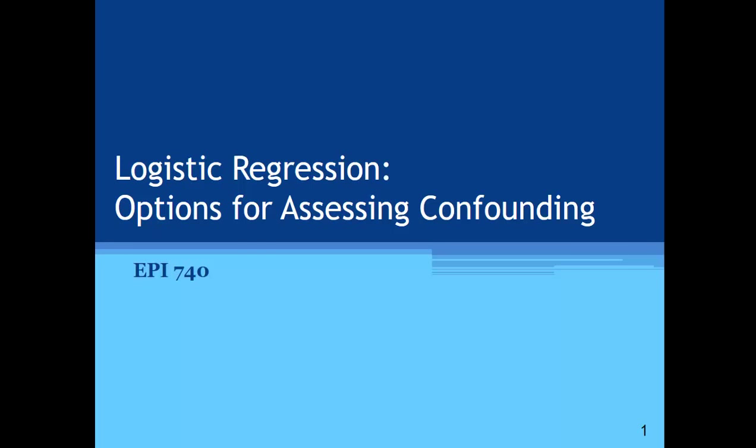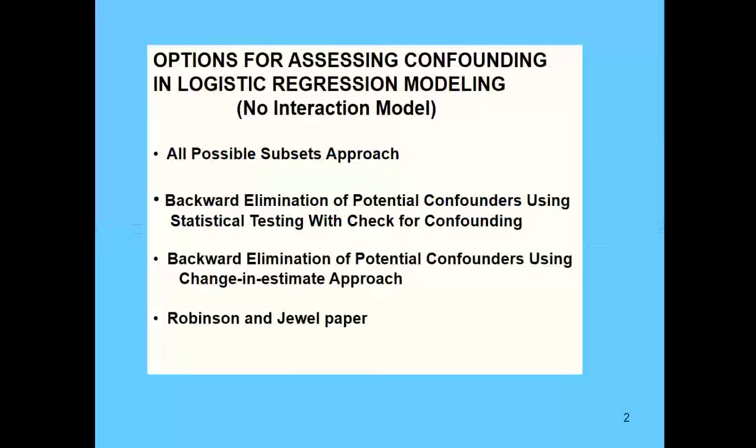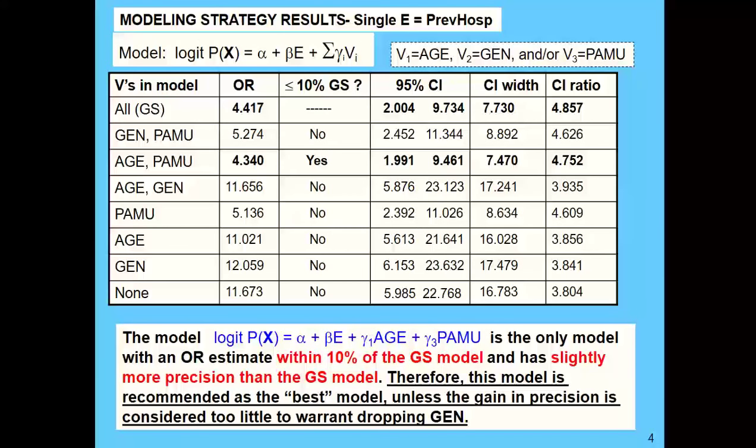And we went through the process with this example, and we saw that if we looked at a table like this table, we were able to make a decision, or at least a couple of choices, about what the best model was.